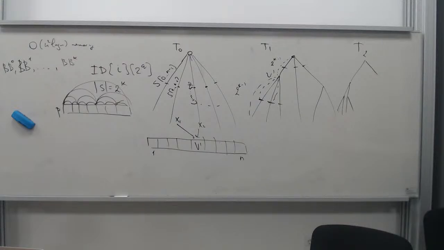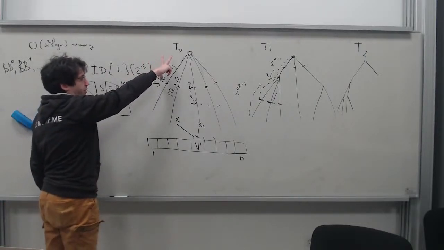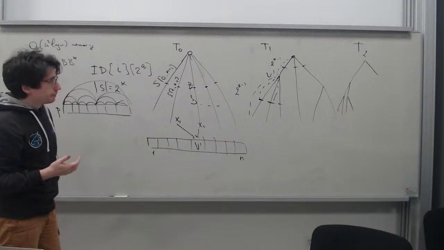We don't have any links in it, yes? No, we have T0, T1, T2, and Tk. We have all these trees with us. So what's going on here? We try to find the pattern here or somewhere else, right?